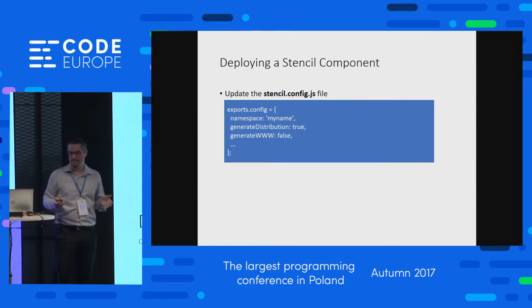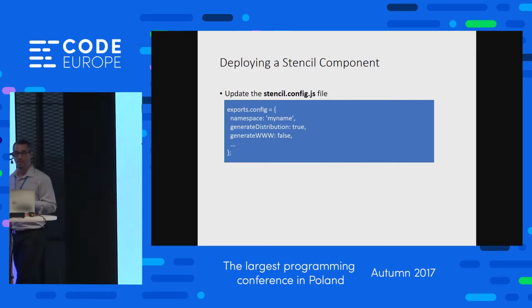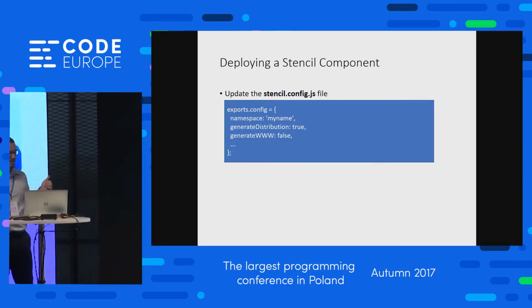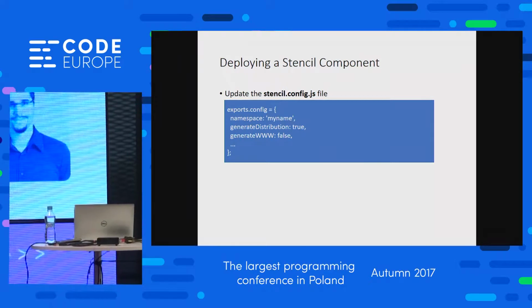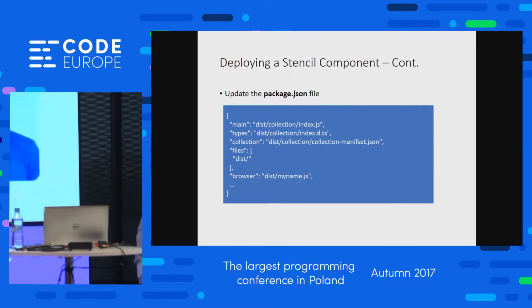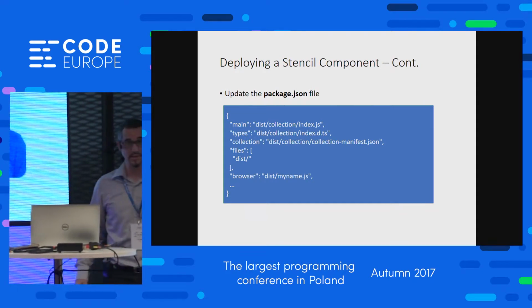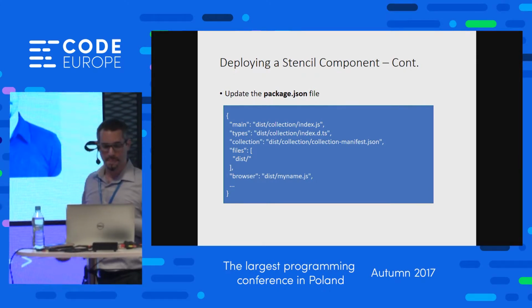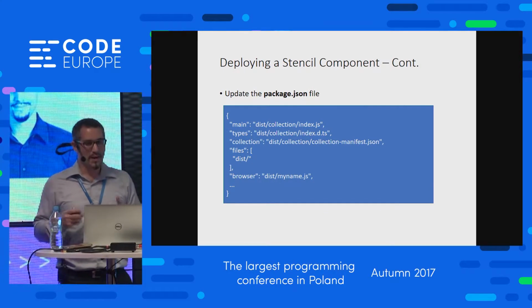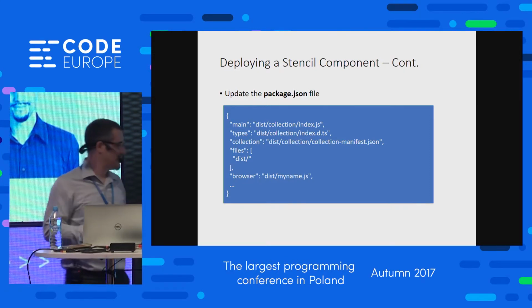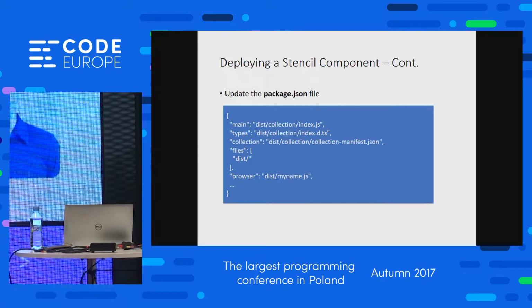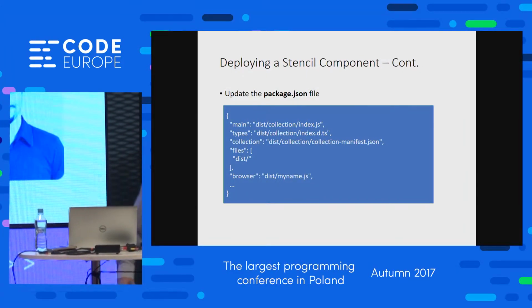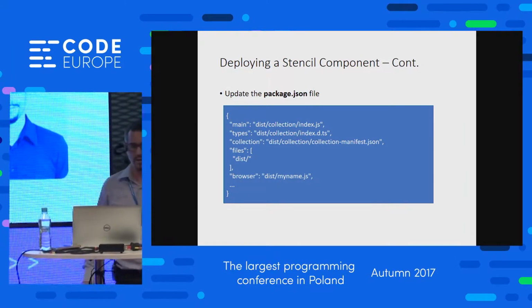Okay, so you have a component. What next? The next thing is to deploy it. You saw me talking about the stencil.config.js. This is the configuration with which you configure the Stencil component or the Stencil component collection. And you have the package.json that says things like what to run in the browser, my name, or what are the files for the deployment.